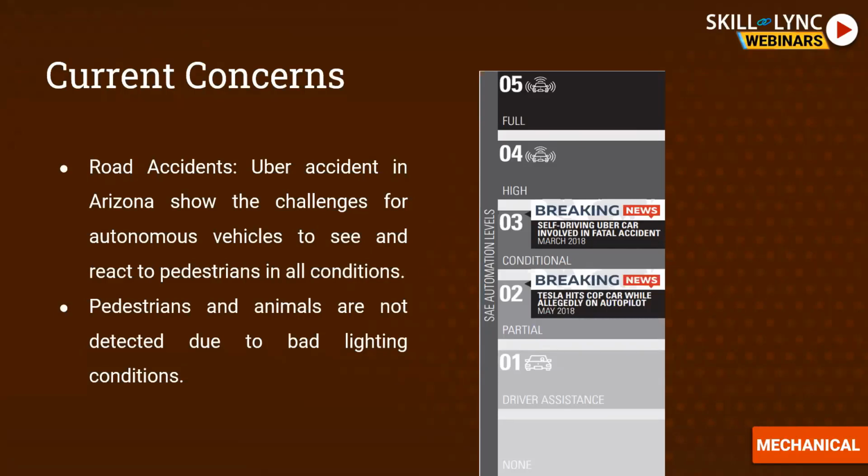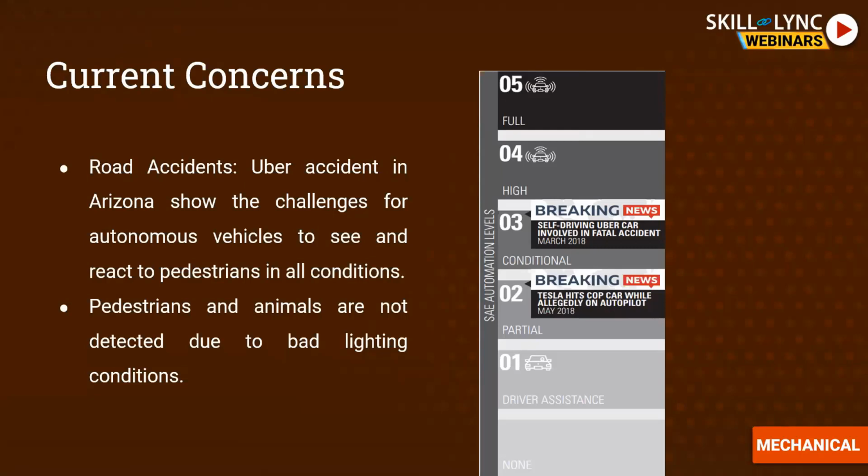In the second level of automation, that is partial, the driver and the operating system of the car work in coordination. While testing level 2, a Tesla hit a cop car while illegally on autopilot. This was again breaking news in 2018. In level 3, it is conditional: the driver has to decide if they want to interfere in the driving or not.